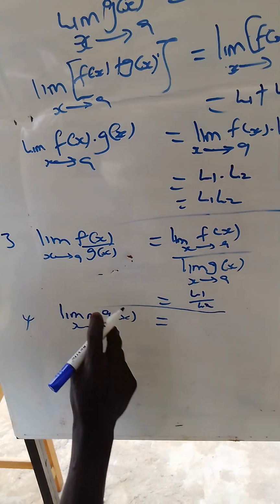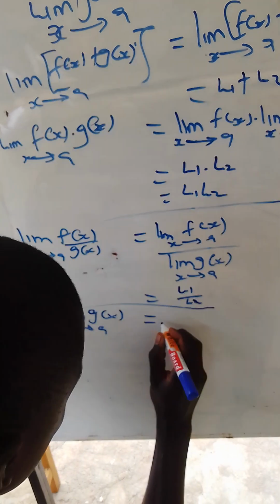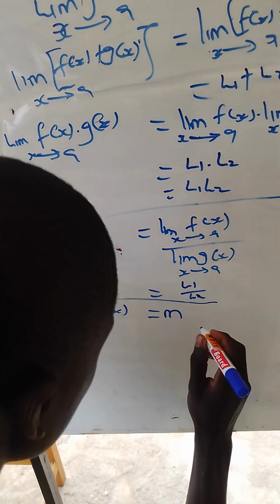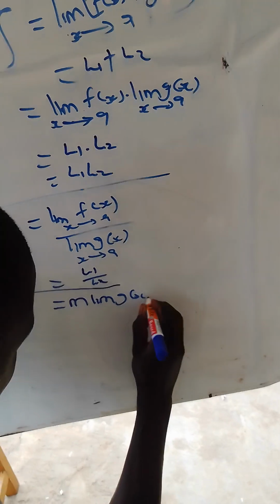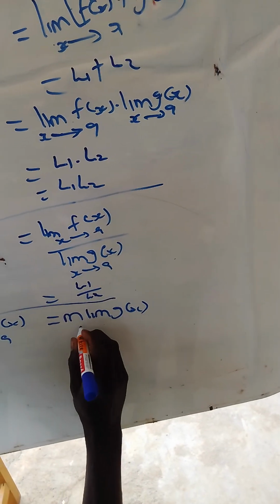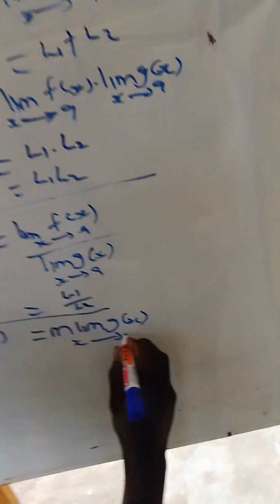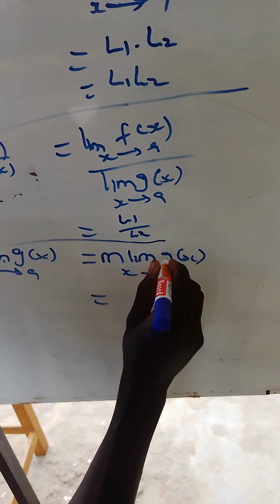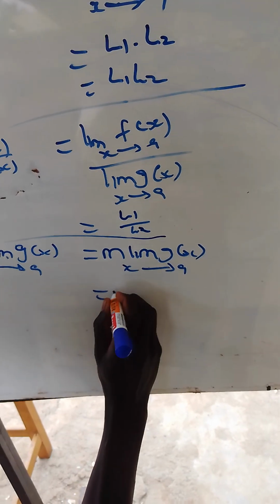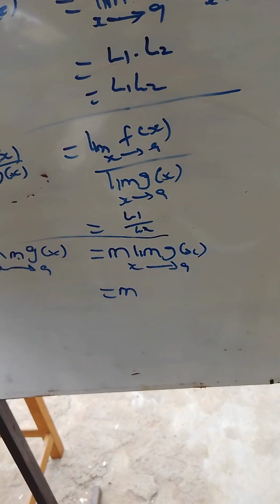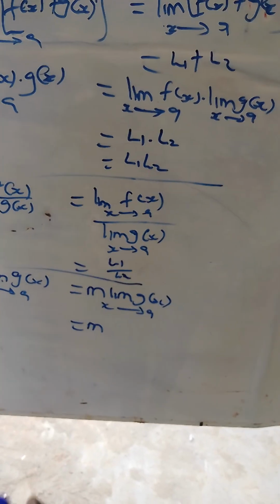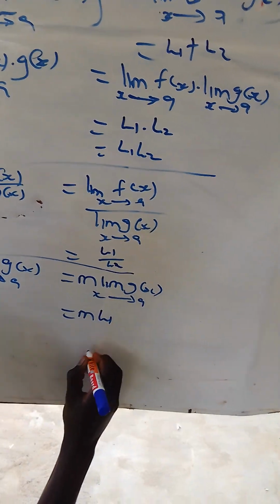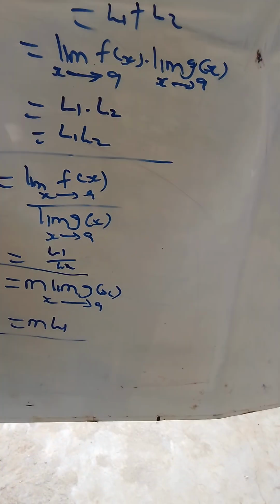Now we are going to pull this m out. This is the same as m times the limit of the function g of x for x tending to a. We know that m is our constant, and the limit of the function for x tending to a is the same as L1. So this one is another property.